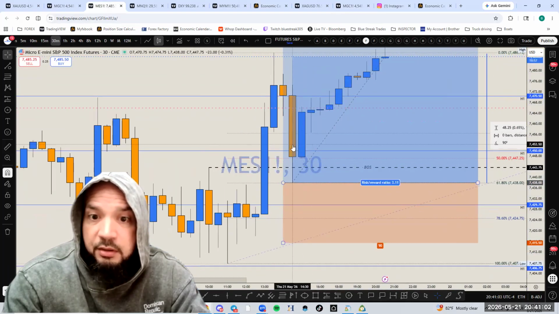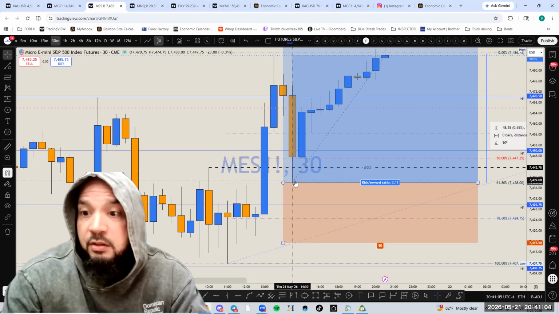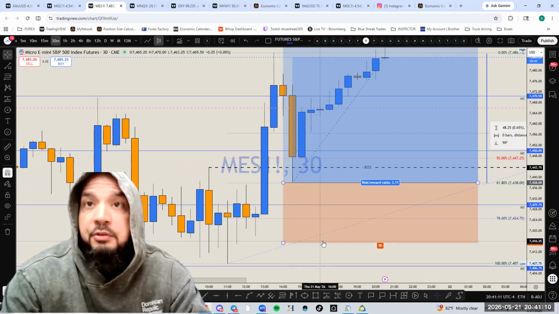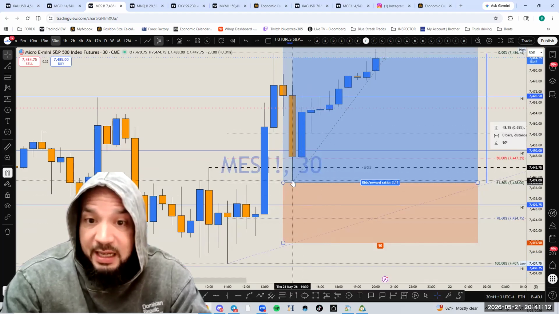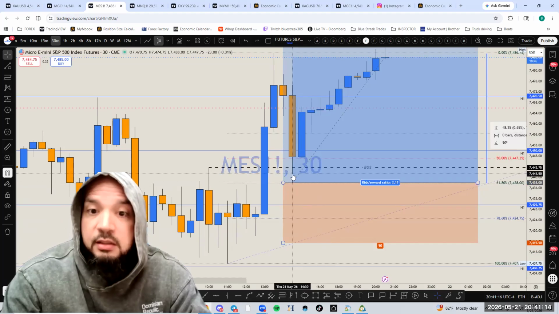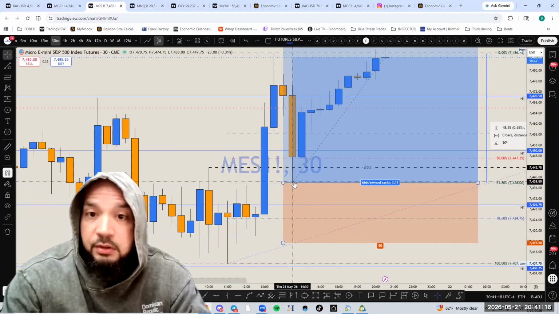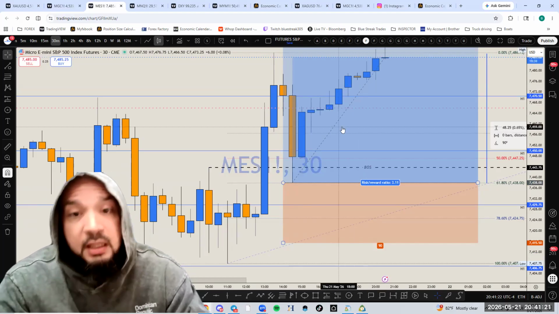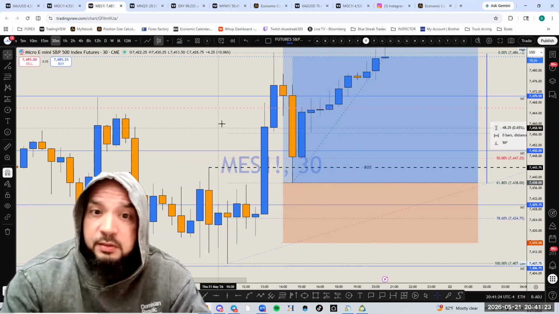I said, okay, this is where it's going to be, 74.38 for the entry. We place our stop loss here. Let it rock. Price came exactly to the T, the level that we called, and it never came back. That's beautiful. Now, it doesn't always happen like that, but it does happen a lot with us.